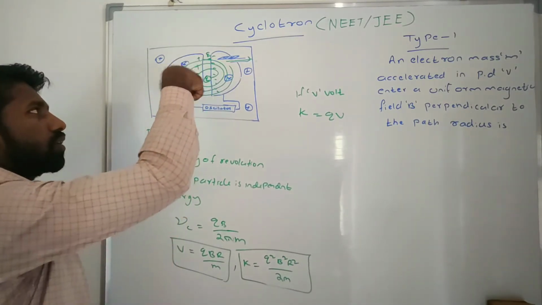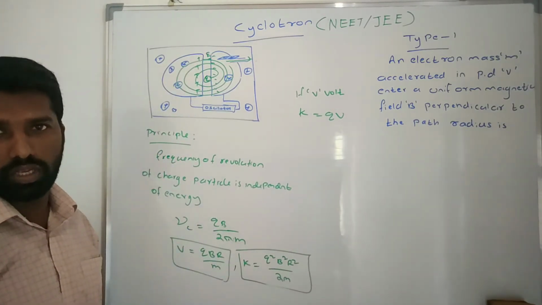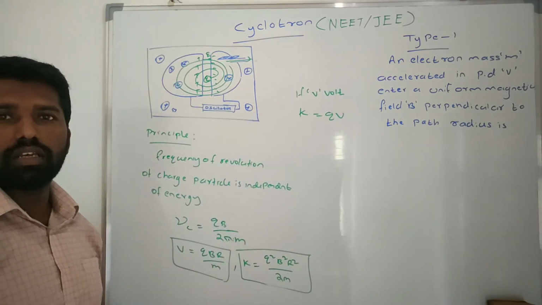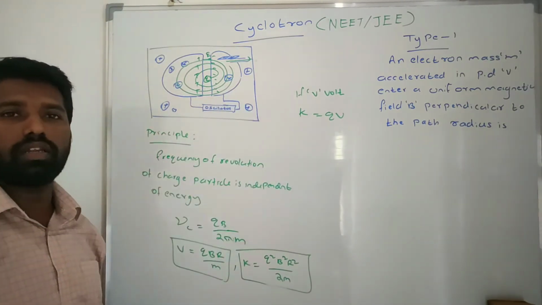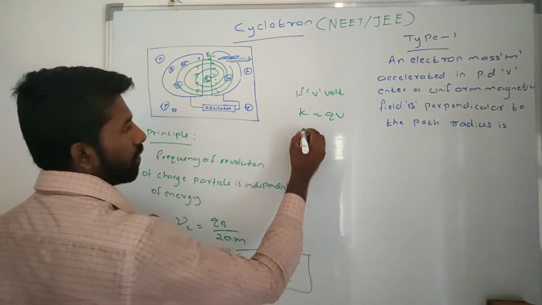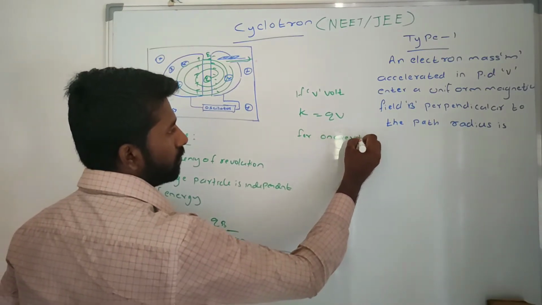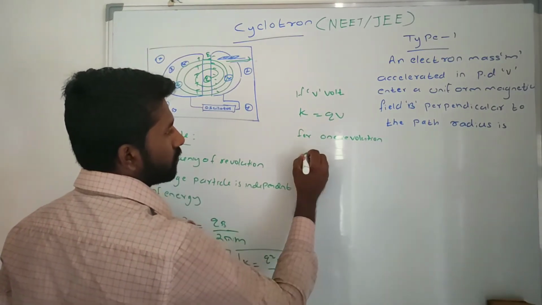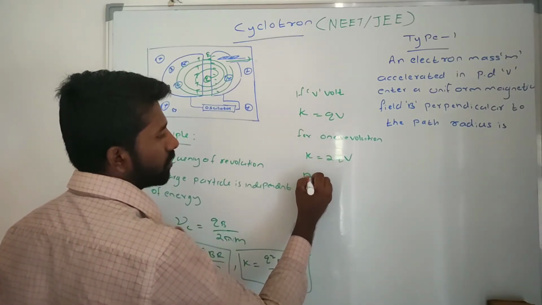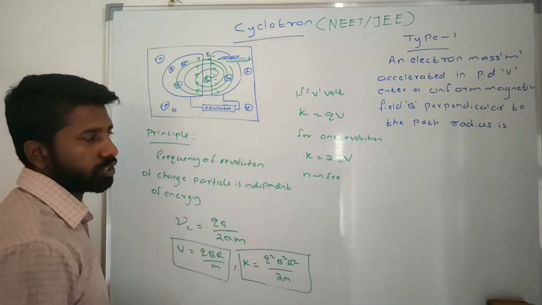If it completes n revolutions, what about the kinetic energy? The kinetic energy is equal to 2nqV. Here n is the frequency, which means the number of revolutions per second.